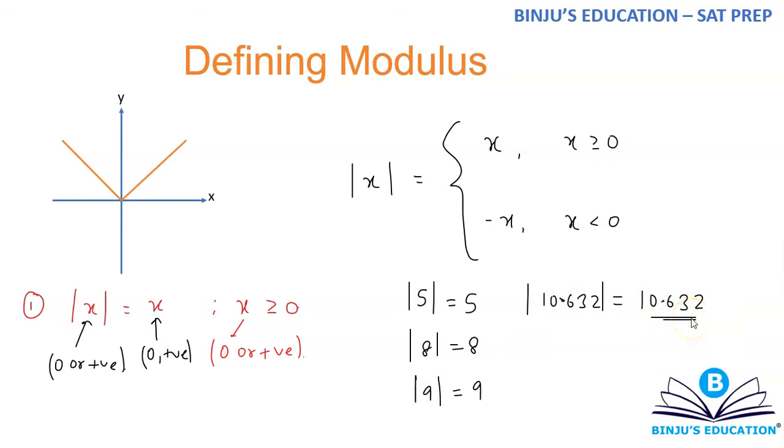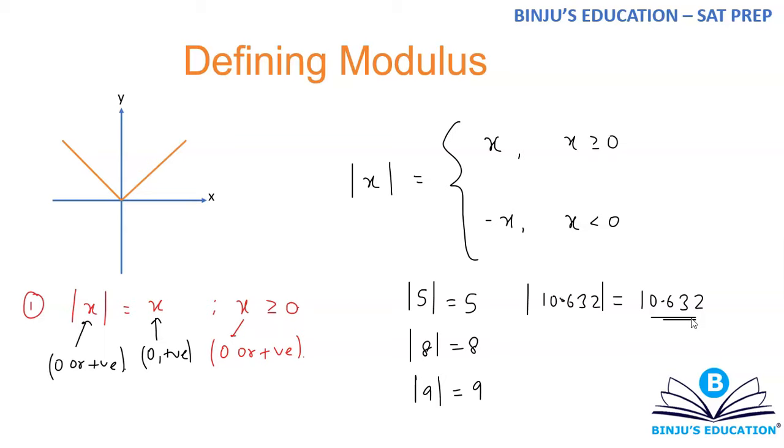So when x is positive or greater than 0, mod of x is simply equal to x, because the result of mod is 0 or greater than 0. You don't have to worry about the sign whenever x is a non-negative quantity. Mod of a non-negative quantity will always be equal to that non-negative quantity.